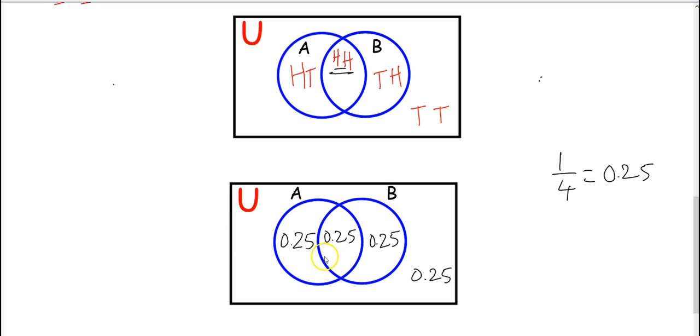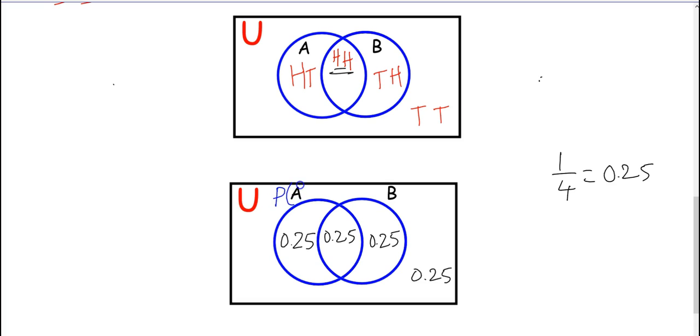Now from this Venn diagram you have obtained the probabilities of all these pieces separately. Now if you want to know the probability of A, like here A is the whole set, this whole circle is A. Now what is the probability of A?